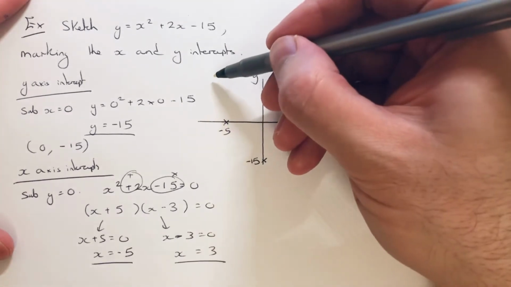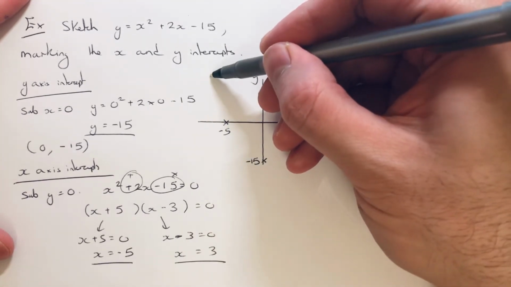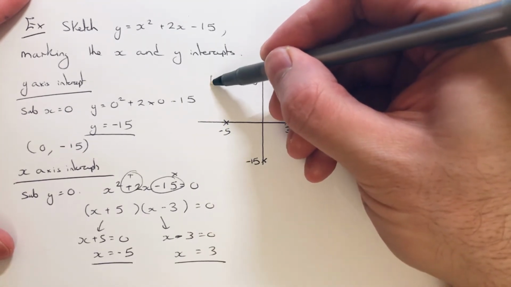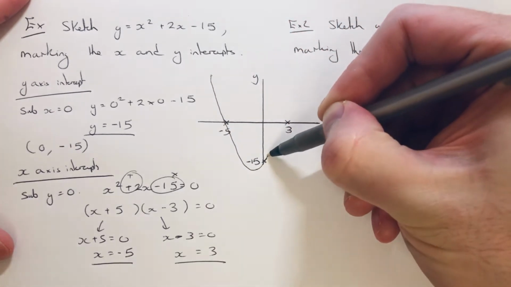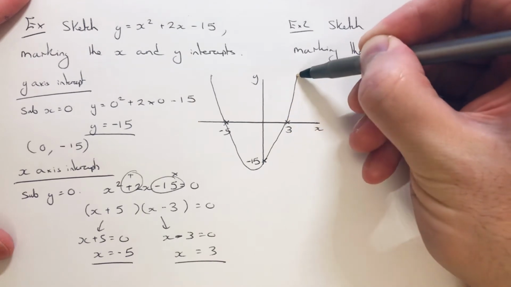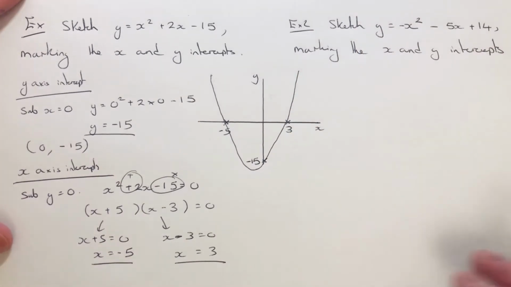And a quadratic graph is a U-shaped curve. So it'd be something like that. So let's have a look at the second example then.